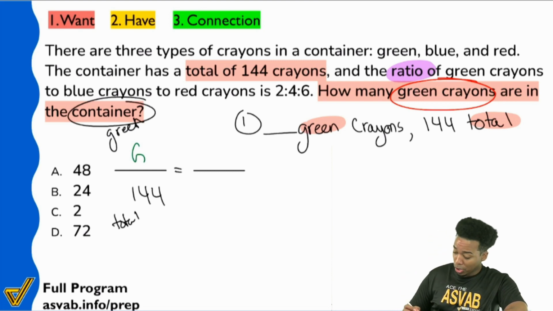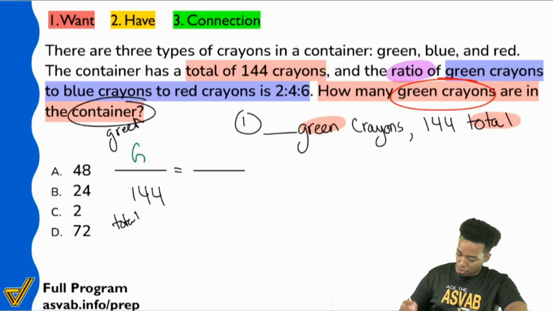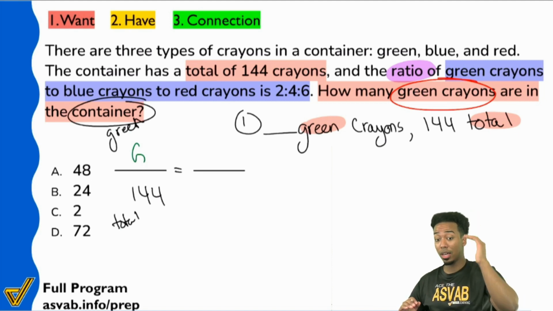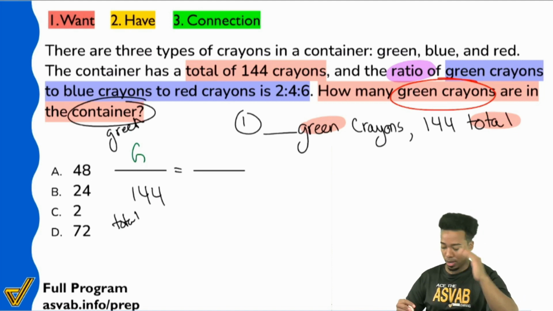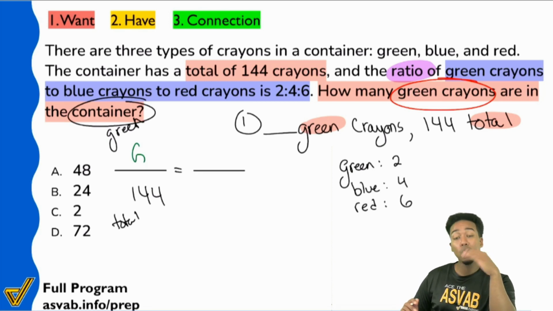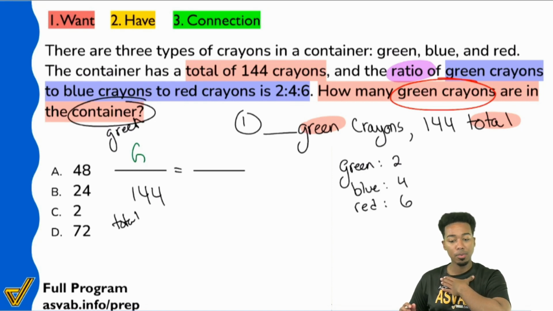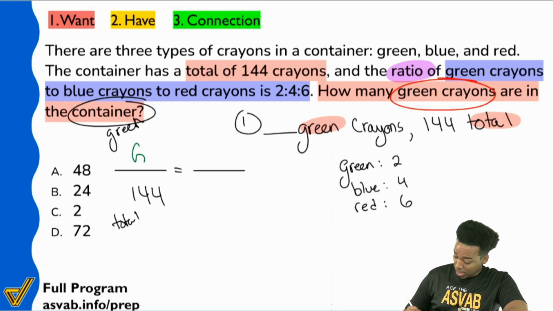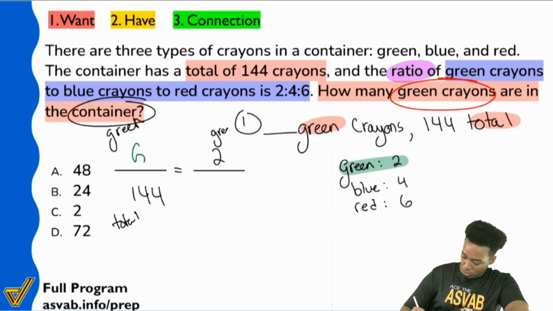They tell you that the ratio of green to blue to red, right over here, is 2 to 4 to 6. So if you read it in order, it goes green, blue, red. So green corresponds to 2, blue corresponds to 4, red corresponds to 6. So what I know for myself right now, my party people, is that, hey, that green, that 2, belongs right here. That represents green, so I'm good.